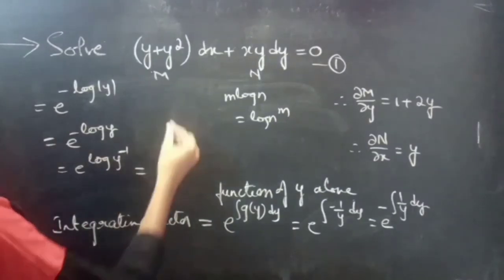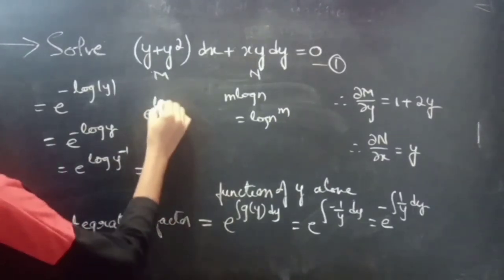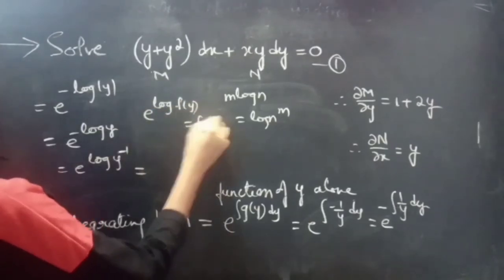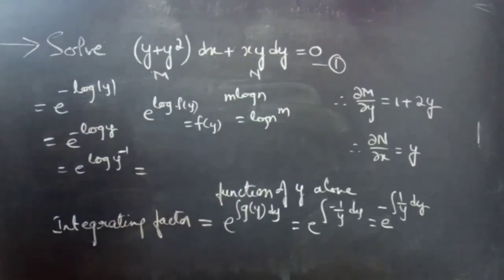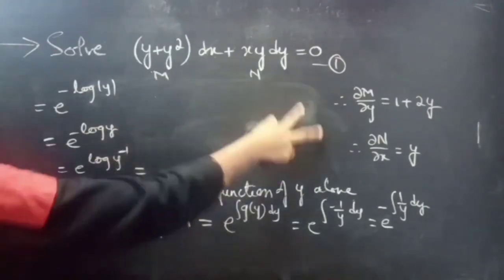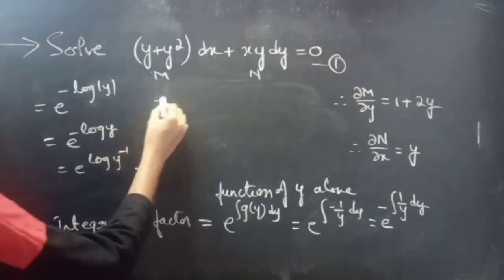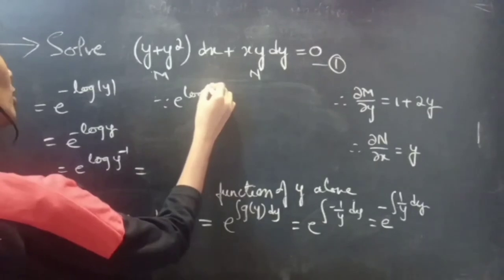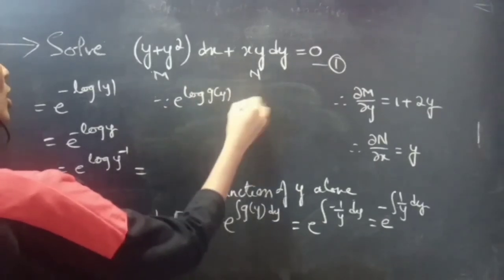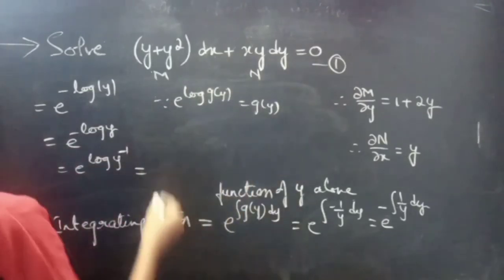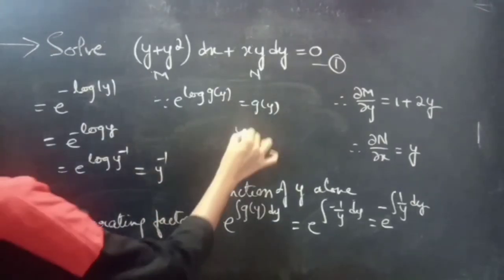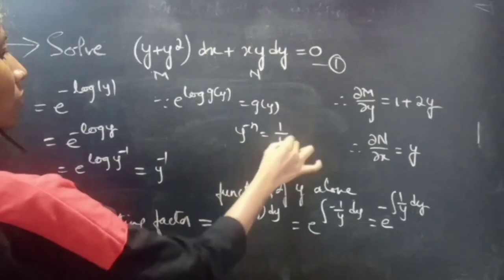We know that e power log of some function of y equals that function of y, so you'll get y inverse. We know that y power minus n equals 1 by y power n.